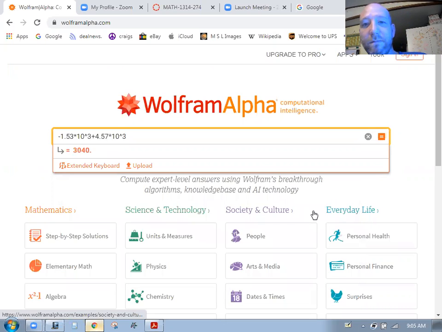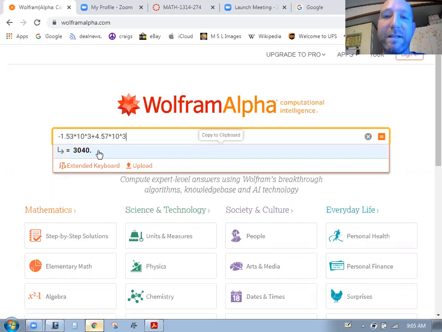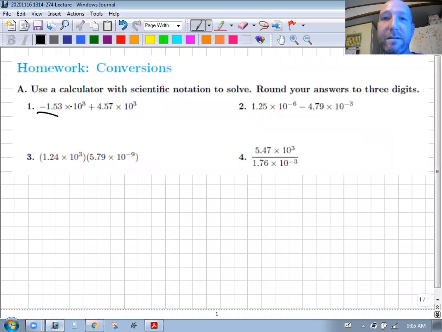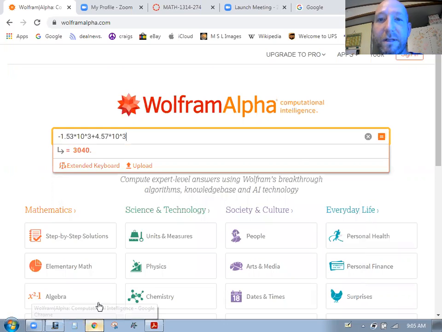Something like this, we can just type it in from left to right, just like it's listed here. The software will automatically multiply first and then add. So we get 3040.